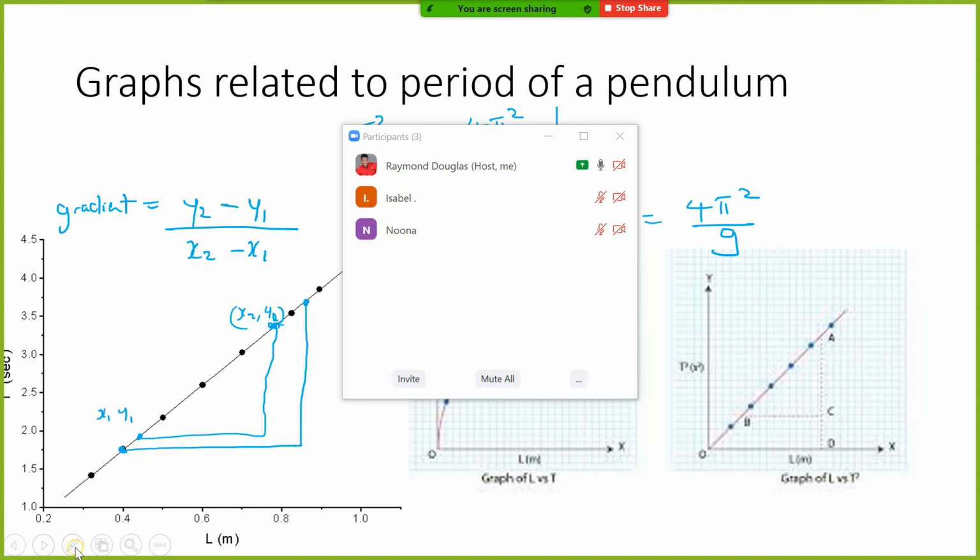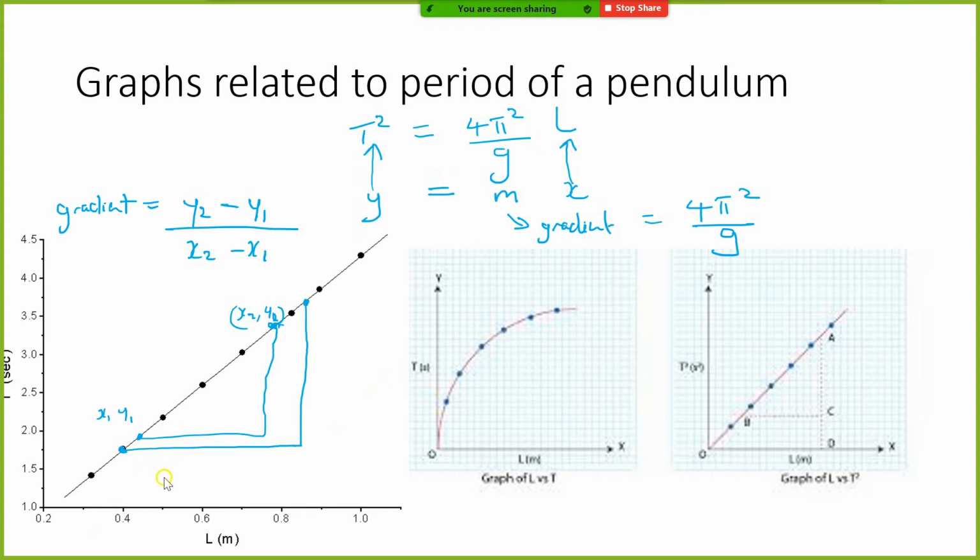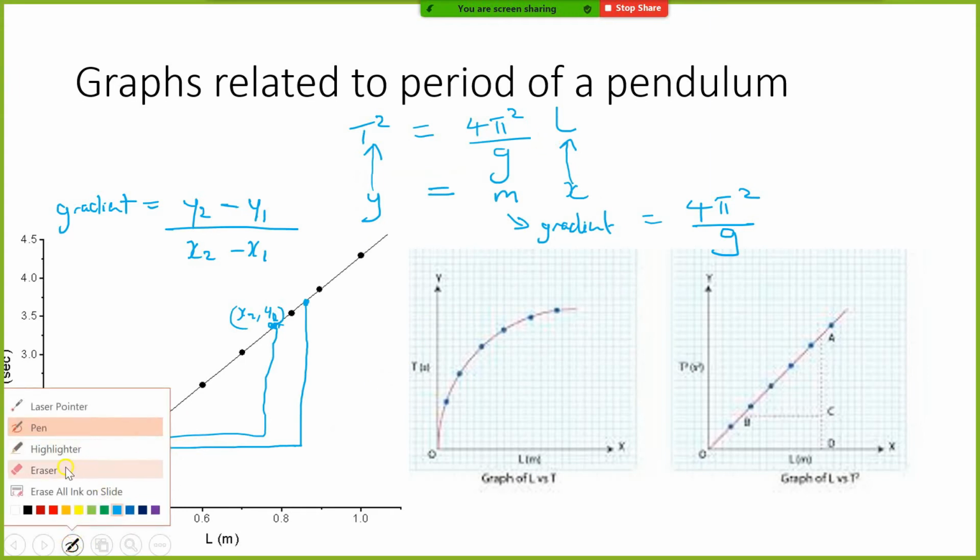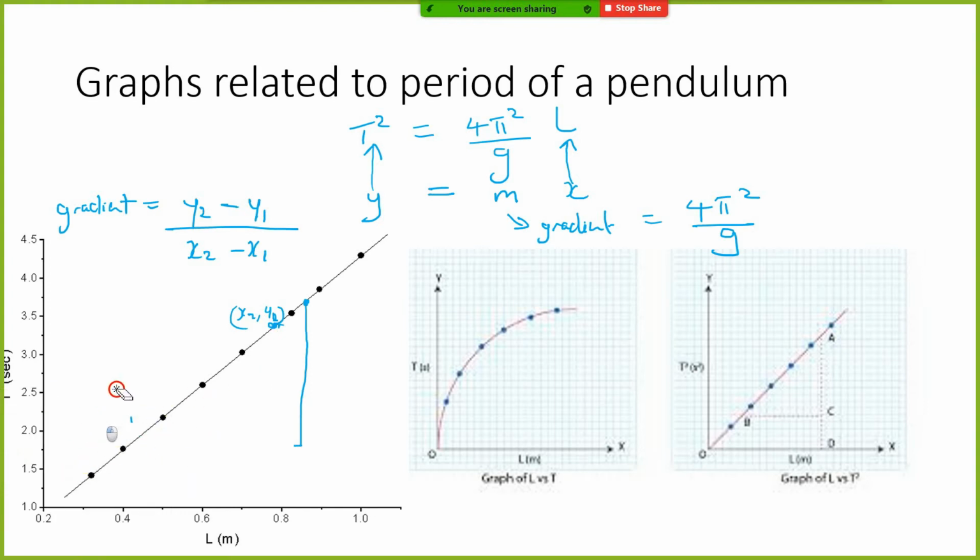So you do that, and we could just try it, for fun, to prove that g is 9.8 thereabout. So this is what we're essentially doing here.